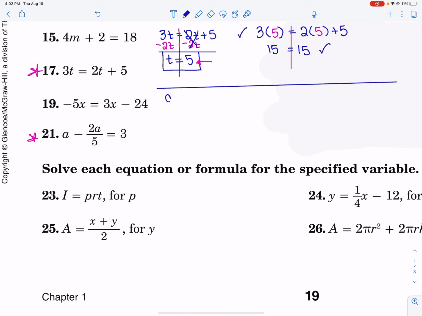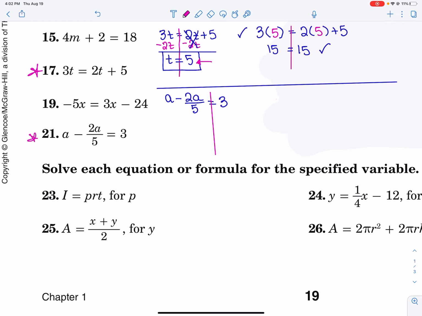This one is a minus 2a over 5 is equal to 3. Now, I've heard you all say how much you dislike that 5 in the denominator, and we've talked about how to eliminate the fraction so that we may have larger values, but we will not have that denominator.